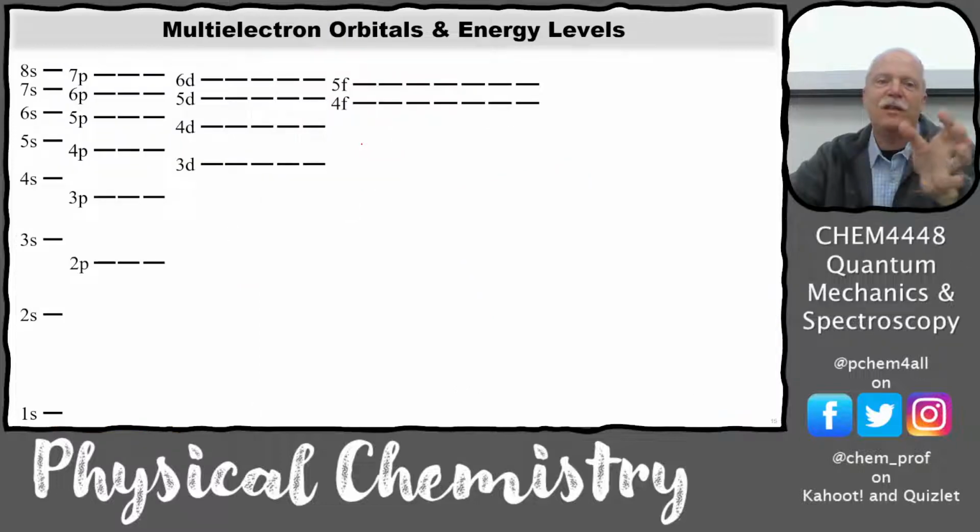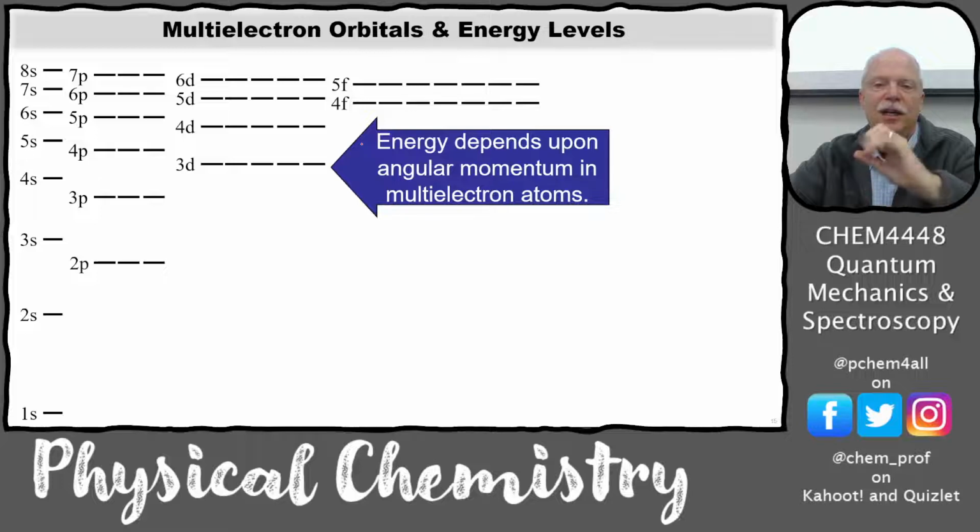But when we get to multi-electron orbitals and energy levels, then the energy does depend upon the angular momentum in multi-electron atoms. And so notice how the 2p is higher energy than the 2s, and the 3p is higher energy than the 3s, the 3d is higher than the 3p, and then we have this funny business where the 4s is actually lower in energy than the 3d.